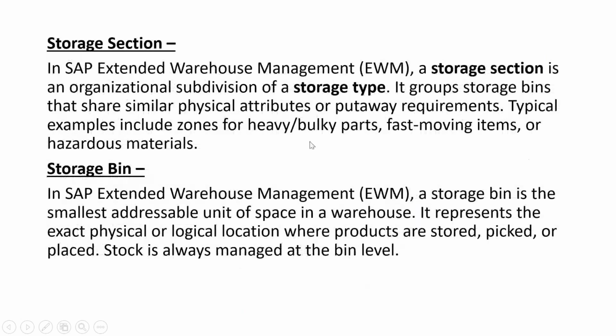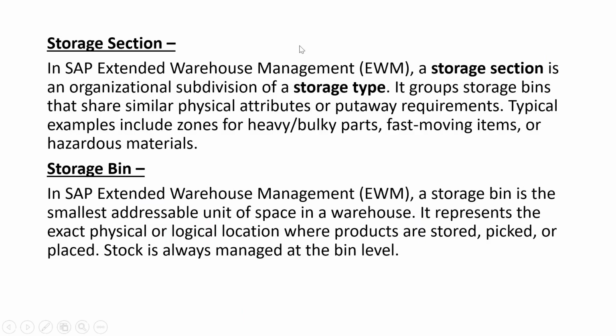And the last but not least are storage section and storage bin. What is a storage section at a high level? A storage section is a subdivision of a storage type. So in the vegetable storage location, we have storage sections: dairy products are placed in one section, fruits and vegetables in another.